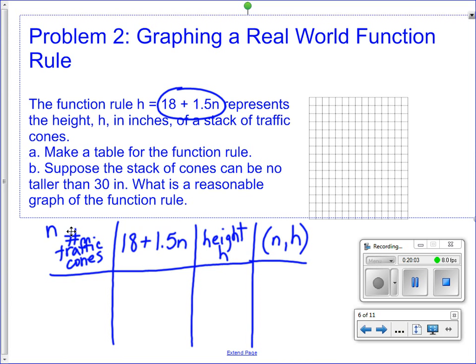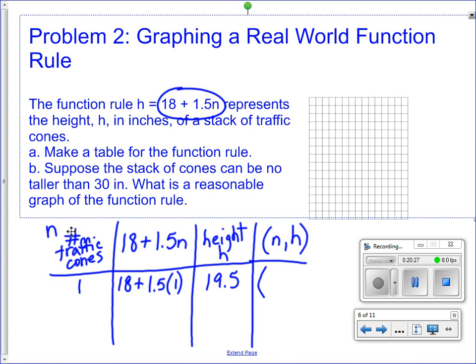All right. Well, let's see. Let's start with one traffic cone. And again, you can choose any number that you want to. Substituting in 1, we have 18 plus 1.5 times 1. 1.5 times 1 is 1 and 5 tenths, plus 18 would be 19 and 5 tenths.